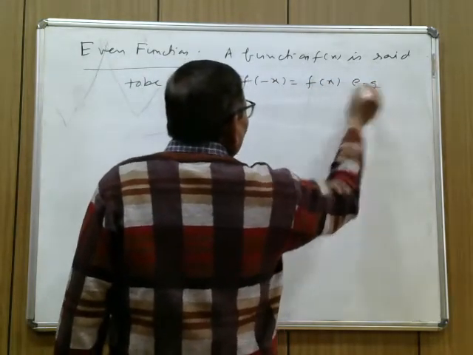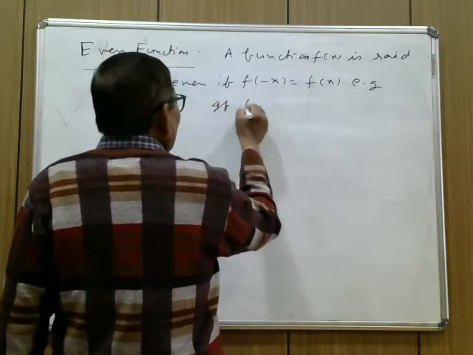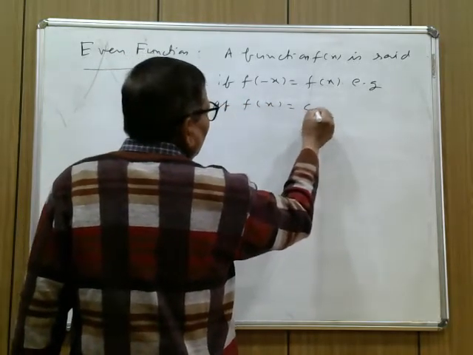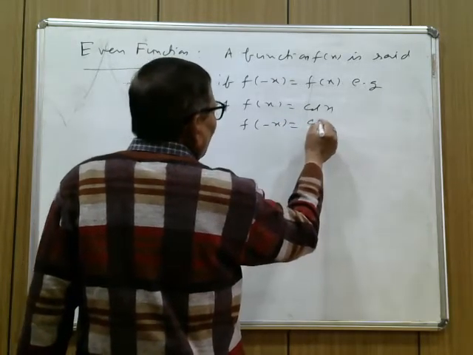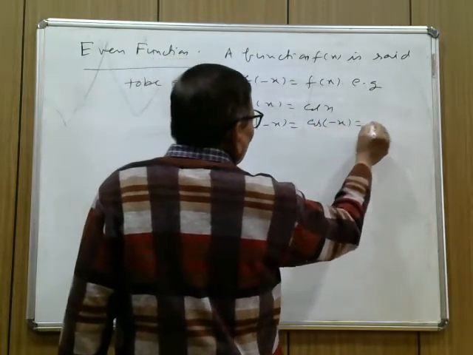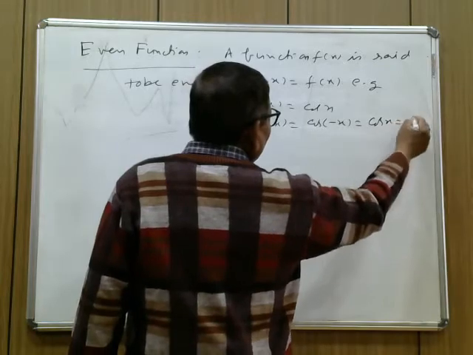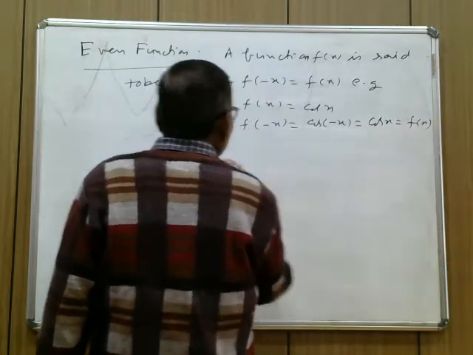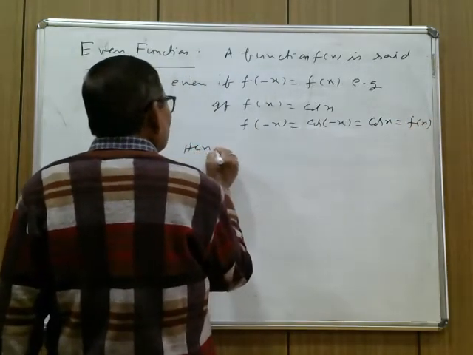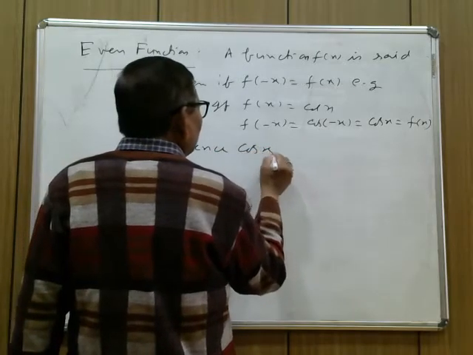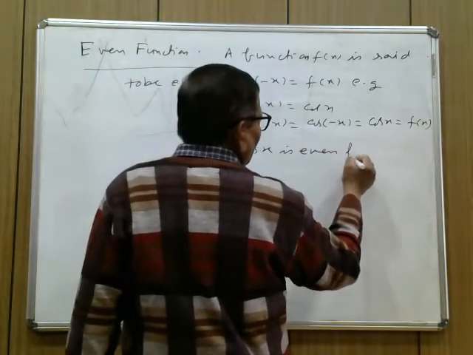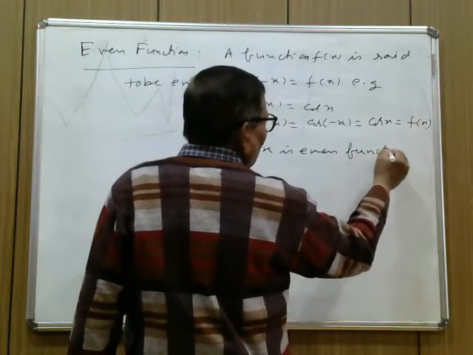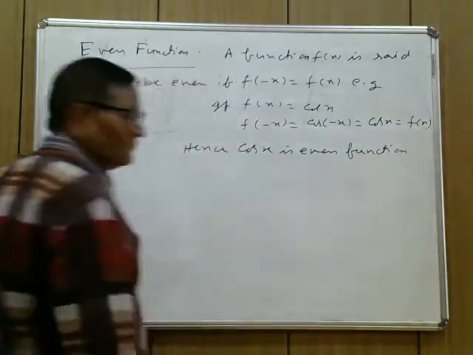For example, if f(x) is equal to cos x, then f of minus x is equal to cos of minus x, which is equal to cos x, which is equal to f(x). So hence cos x is an even function.